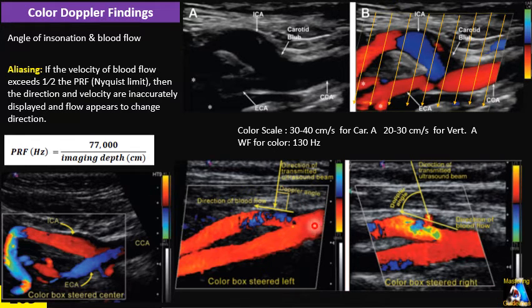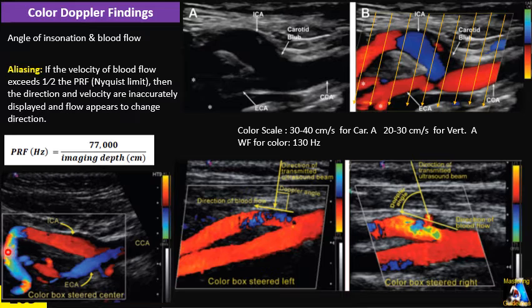Or aliasing is not always related to high velocity. It can be in those other situations that the machine can register high velocity. For example, on this tortuous ICA, that curving or any curve and starting a bifurcation, maybe we can see some degree of aliasing and it is not related to the stenosis.